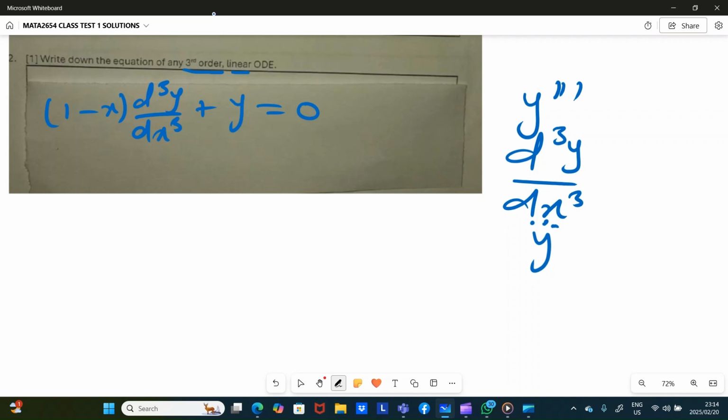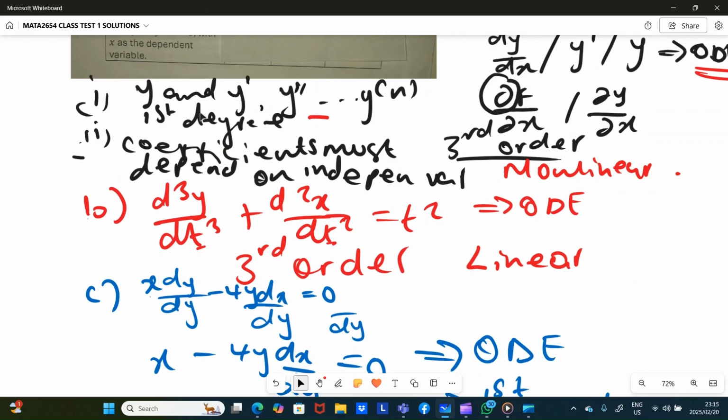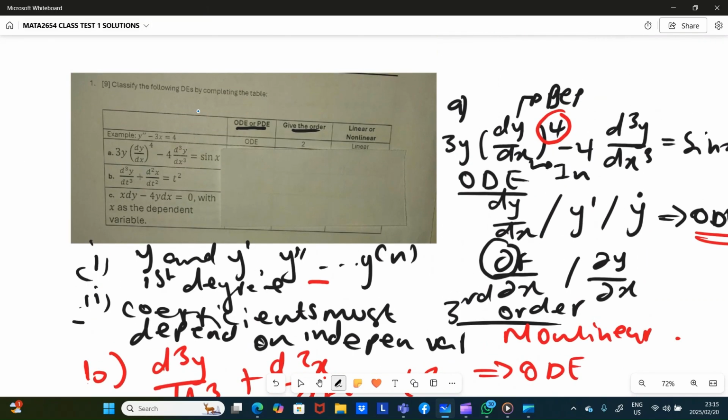Okay, so you can have any one. For those who were lost a bit on how to write a third order linear differential equation, the answer was basically right there in front of your eyes. You could have taken this one, this one, even this one, it's a linear third order differential equation.